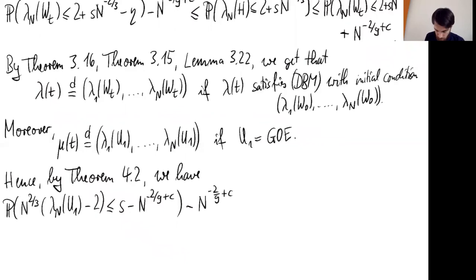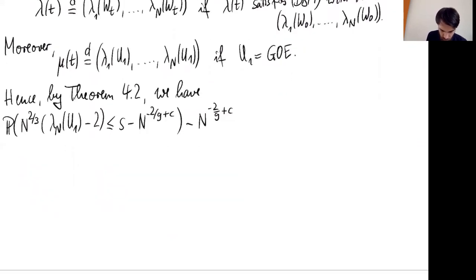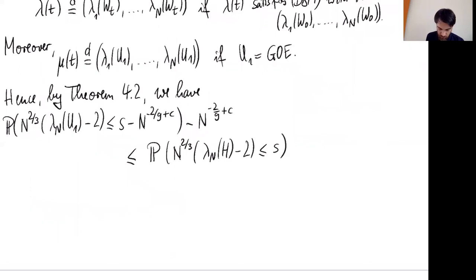And I have a plus C. And then maybe write it in a new line, then it's a bit more transparent. So this is smaller than n to the 2/3 lambda n of h minus 2, smaller than s. So I just wrote it in the way we were used to, and then I can rewrite everything in the same way.